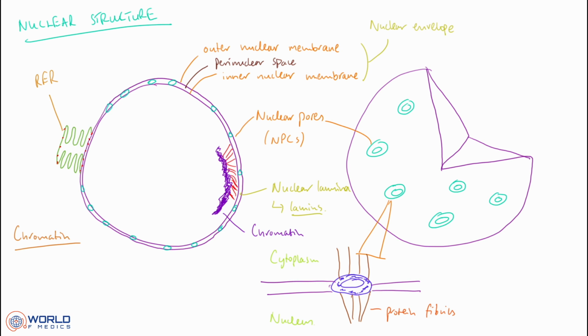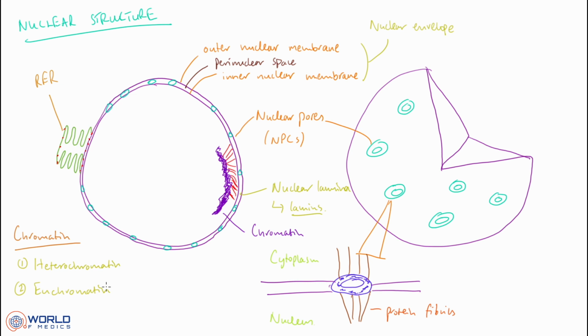Number one is heterochromatin. And our second type is euchromatin. And what's the difference between both of these types of chromatin? Why is it even relevant to the structure of the nucleus?